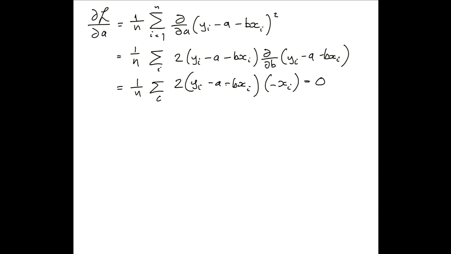Okay, so if we look at this, actually, let's be a little bit more correct, and I'll write this like this. So say 1 over n, sum over i, 2 times (yi minus a minus b xi).